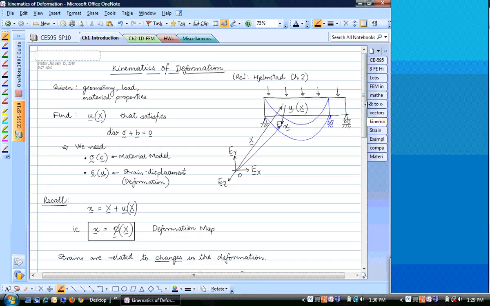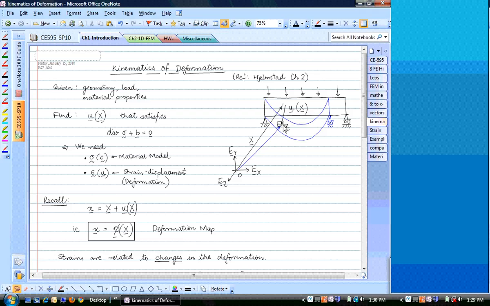Till now, what we've been talking about is how to solve, or what the analysis problem means. And we said that if you want to find out the displacement field everywhere in your structure, then the equation that you need to solve is the equation of equilibrium in the deformed configuration, right?